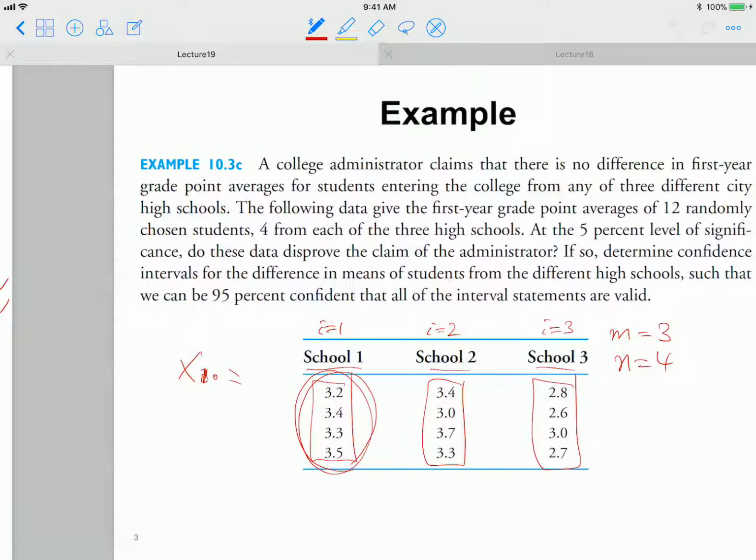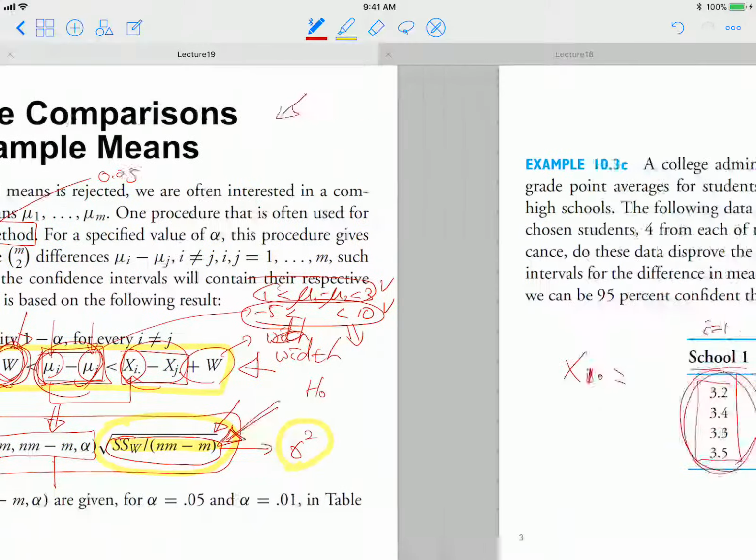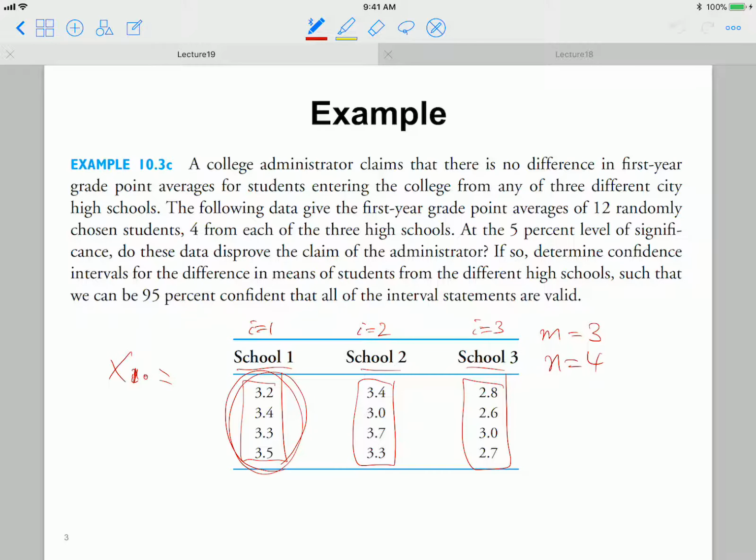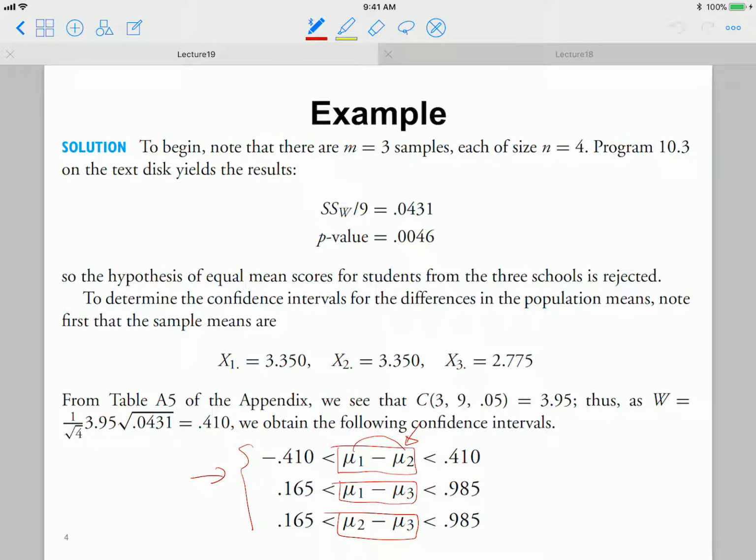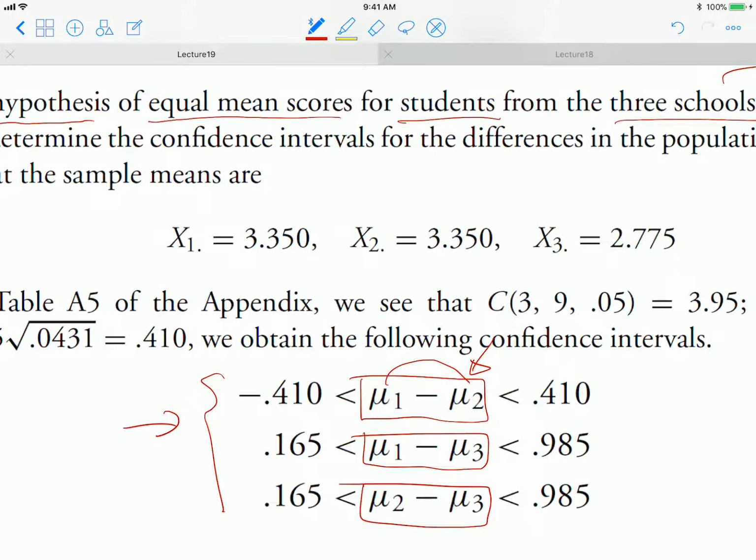Okay, and then from this equation, the information that we can obtain in addition to the conclusion of the hypothesis testing, that the null hypothesis of having equal mean scores for students from these 3 different schools was rejected, is the interval estimate for the differences between every pair of the 2 schools.